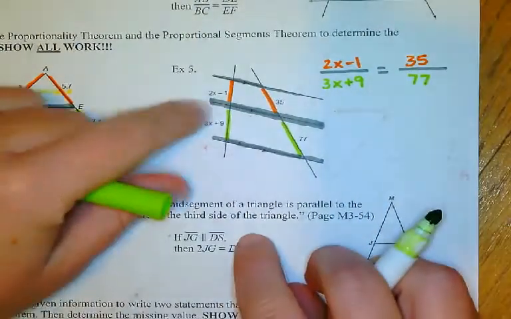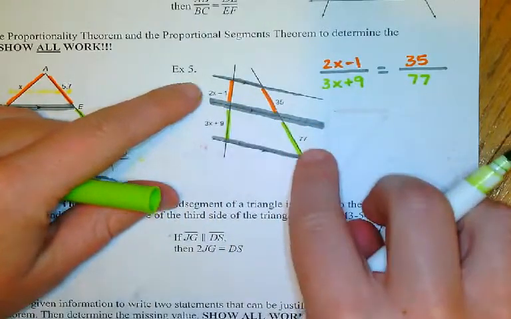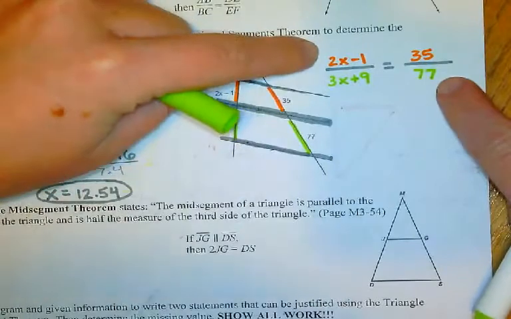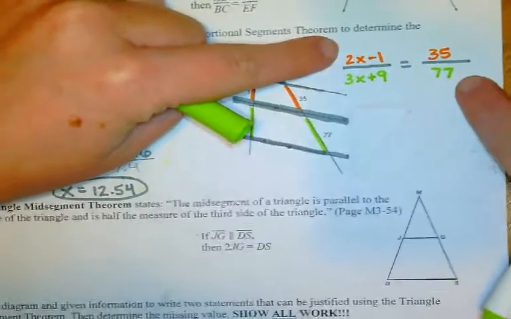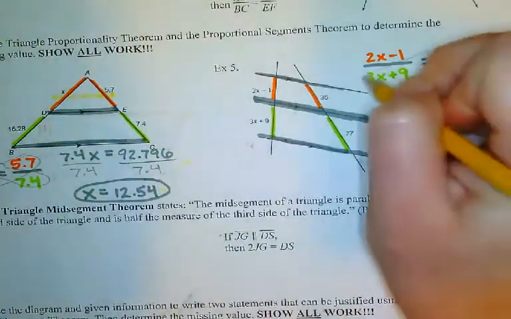Okay, notice how 2x minus 1 and 77 are completely across from each other in the picture. They are also completely diagonal across from each other in my proportion. Alright, that is always how you want to set it up.